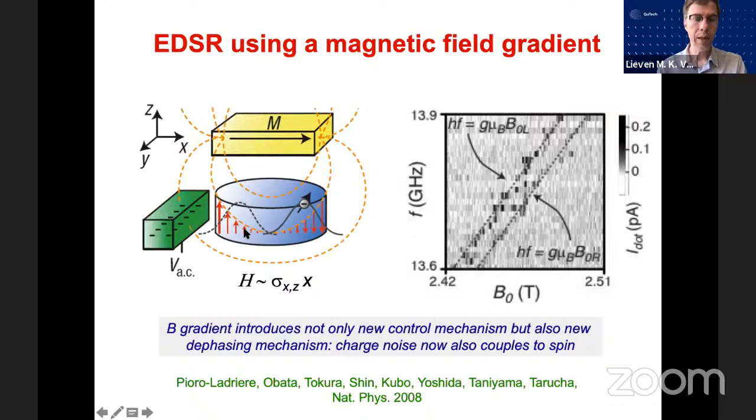If you then use the electric field to wiggle your electron back and forth, the electron will literally experience an oscillating magnetic field. If that has the right orientation, orthogonal to the static field, and that oscillation happens at the right frequency, you again get magnetic resonance. This technique has especially become popular in silicon because in silicon, the intrinsic spin-orbit coupling is very weak.